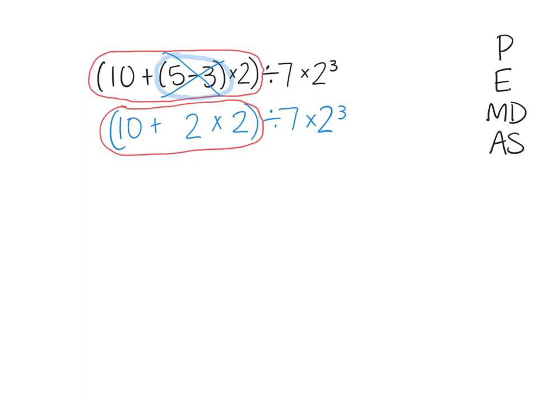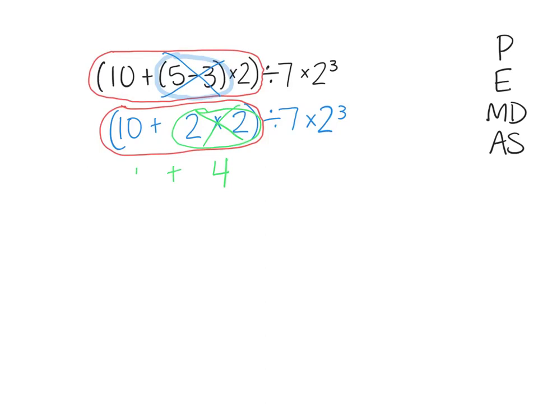So looking inside, I have add and I have multiply. What comes first in the order of operations? Multiply comes before adding, so I will do the multiply step first. 2 times 2 will be the next step that I solve. 2 times 2, I know that's 4.